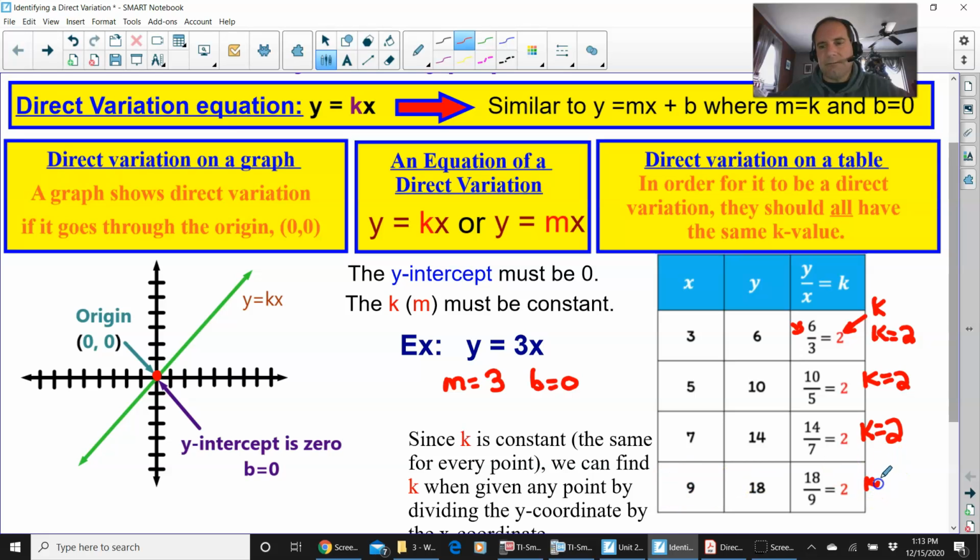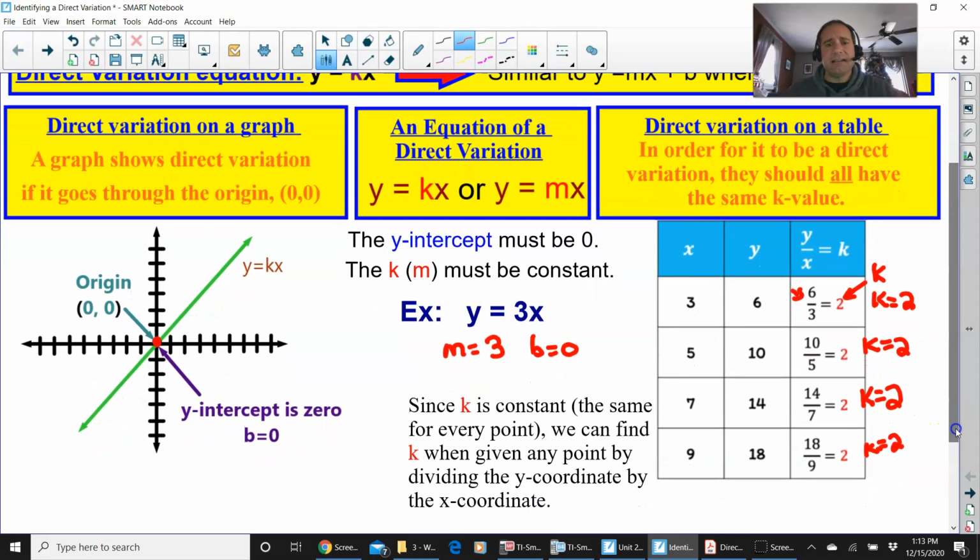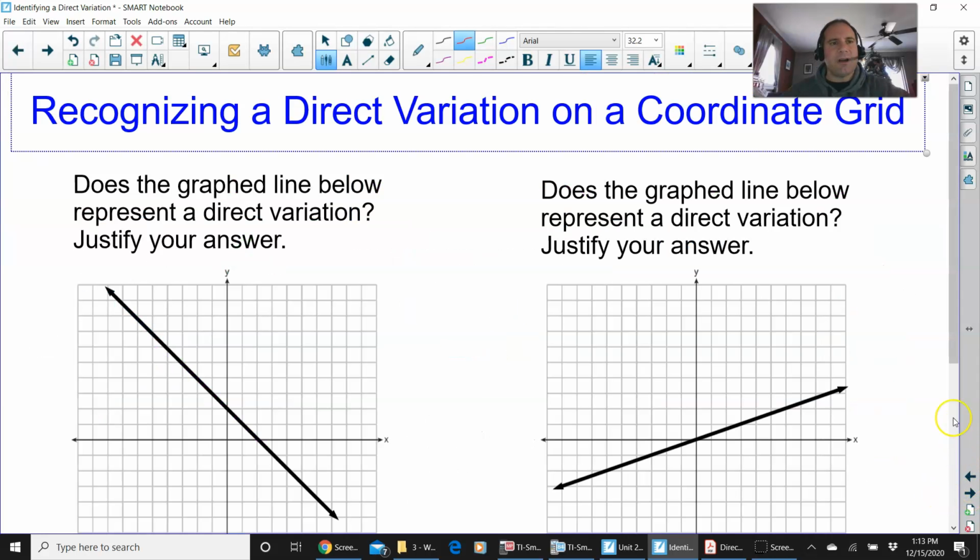Again, k equals 2. This is a direct variation. Remember, in order for it to be a direct variation, they should all have the same k value. And since the k is constant, it's the same for every point. We could find k at any given point by dividing the y coordinate by the x coordinate. And that's it. Let's get on to some problems.